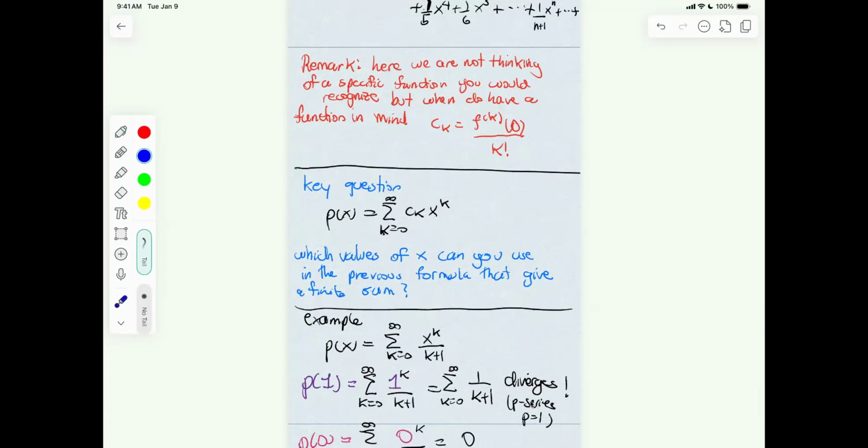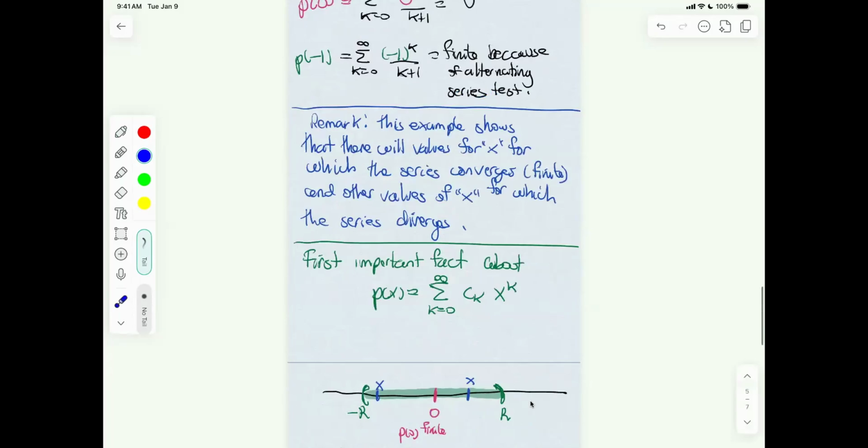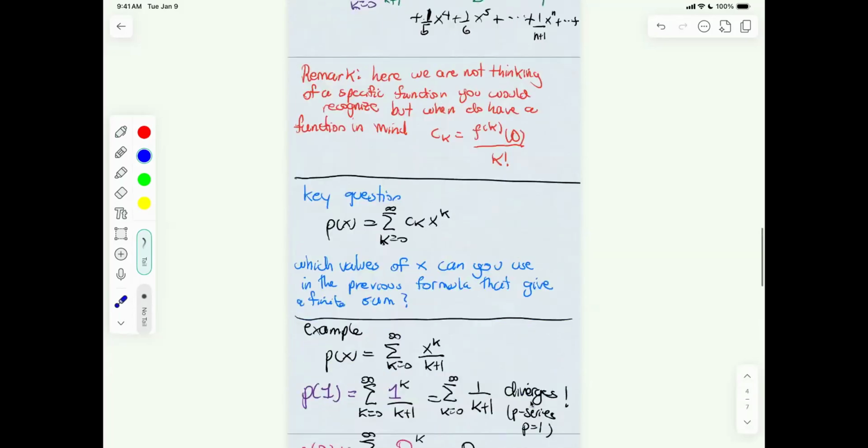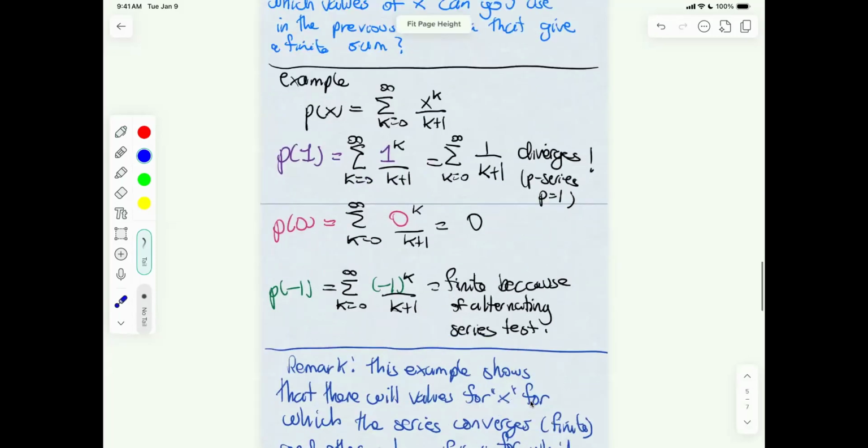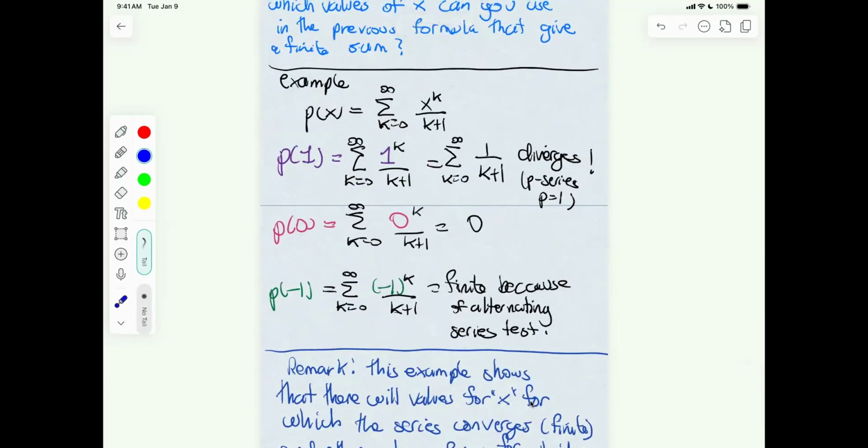But right now this is not necessarily coming from a function. So it just means, for example, what I had here, where if you plug in x equals 1, you don't get a finite number.